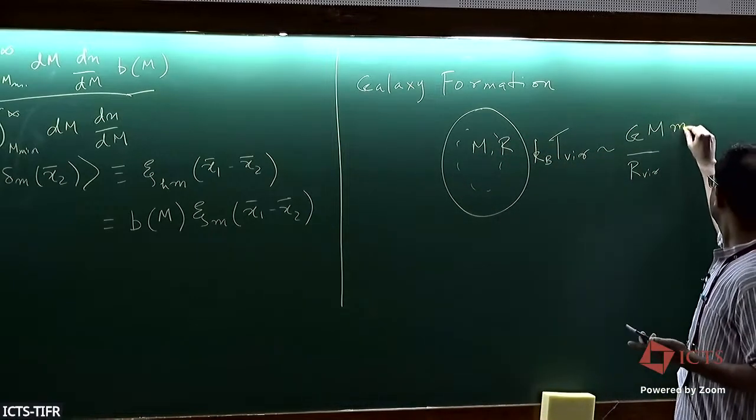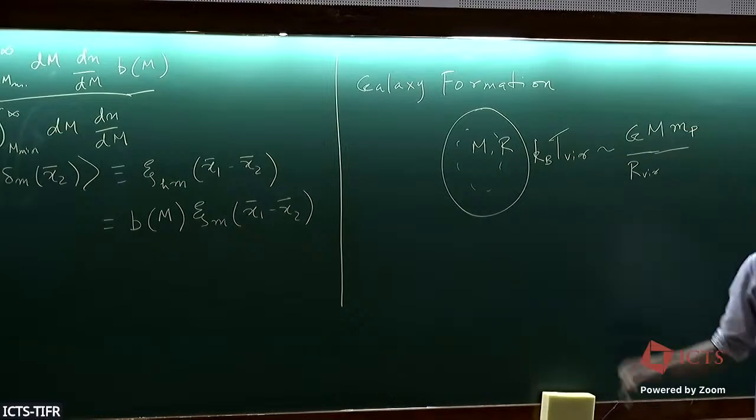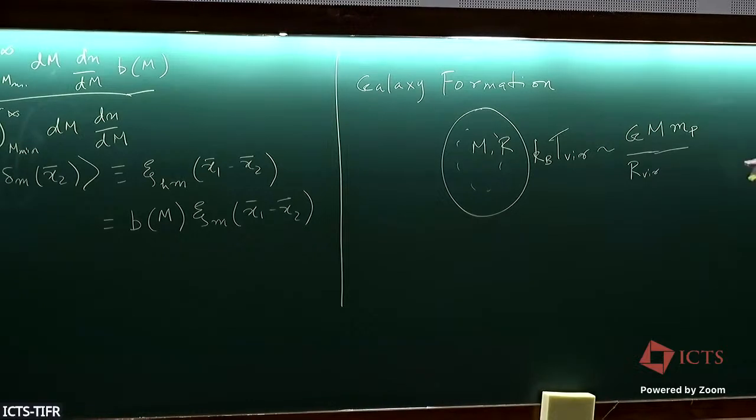And we will assume that the gas is mostly consisting of hydrogen. Even if there are other molecules, the mass of the proton is the underlying unit with which we can work.